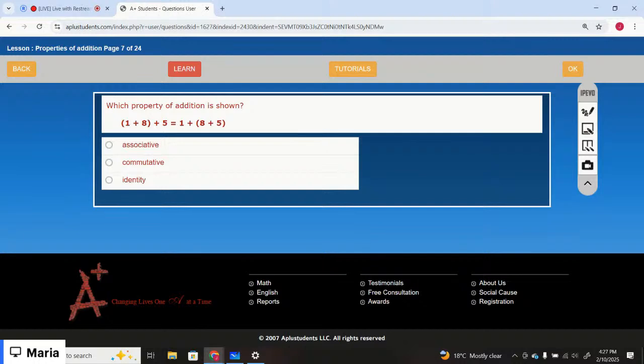Which is the correct option? The correct option is associative. Very good.